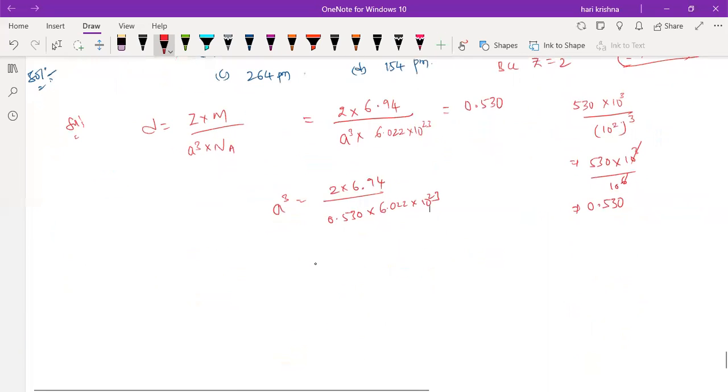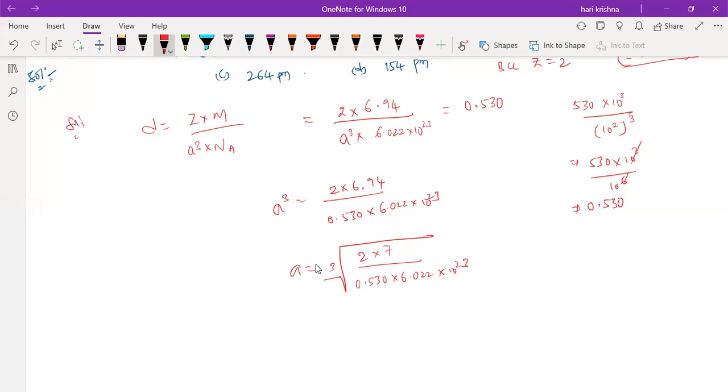Simply, if you solve it, a is equal to the cube root of 2 into 7, approximately, by 0.530 into 6.022 into 10 power 23. You'll get the answer in centimeters because this is grams per centimeter cube.